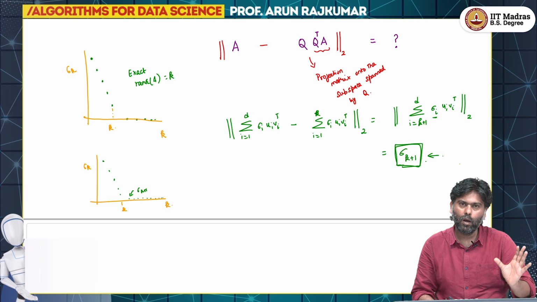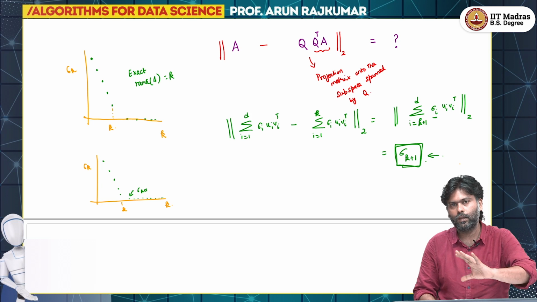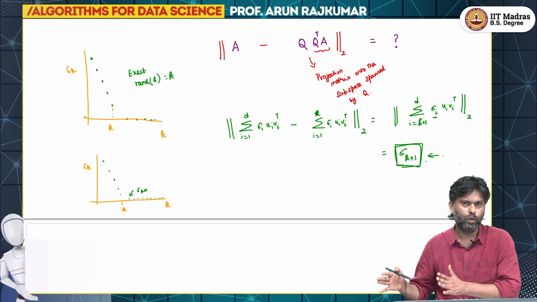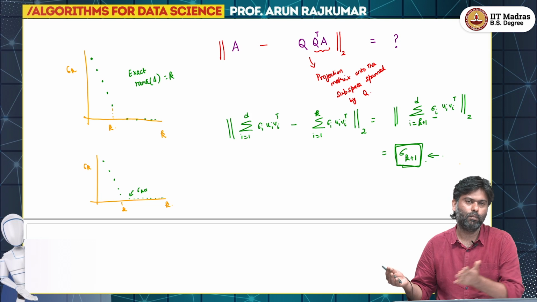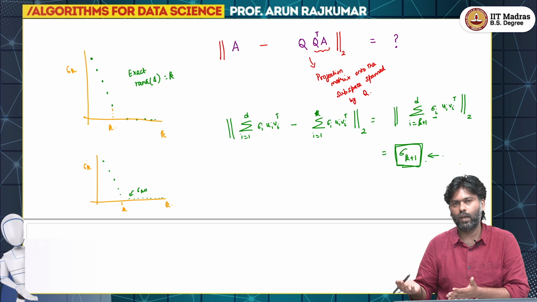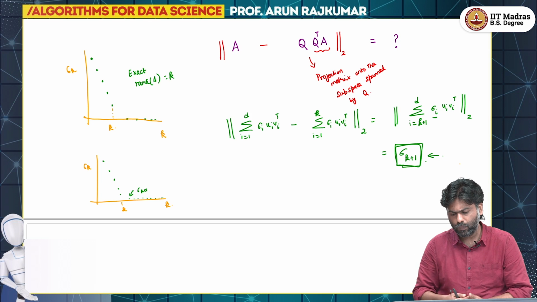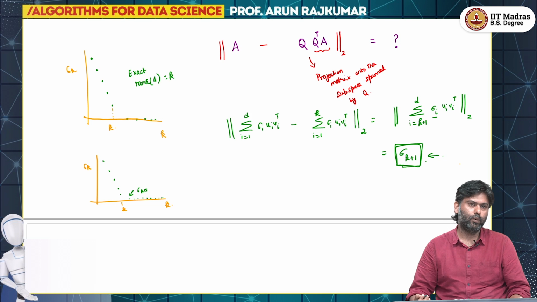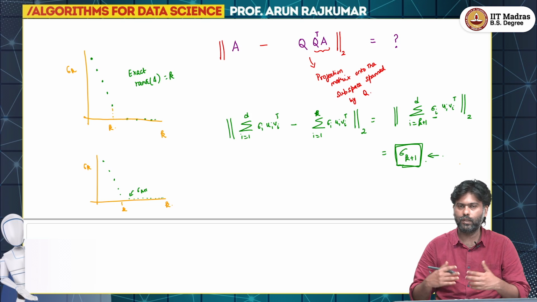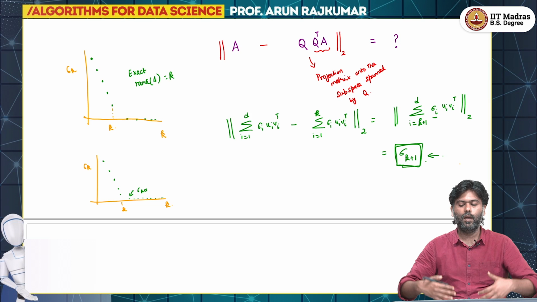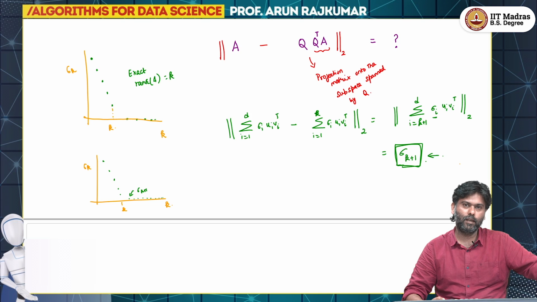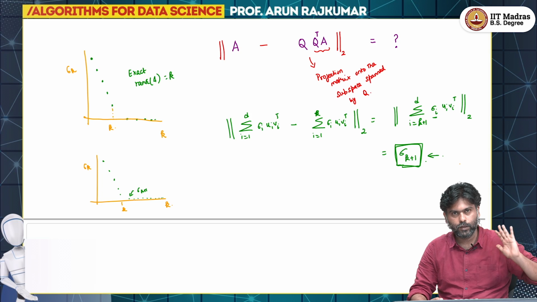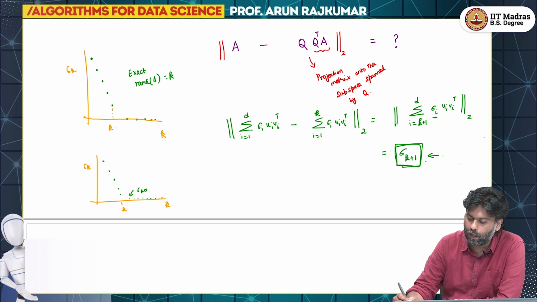If we somehow know u1 to uk, then we seem to be doing well in terms of time complexity, because we can reduce the dimension to k cross d and do the SVD there. Now the question is, who is going to give us u1 to uk? Nobody is going to give us u1 to uk, so it's simply not possible to ask for what the SVD is giving to be a prerequisite to do SVD itself, right? That's too much to ask for.